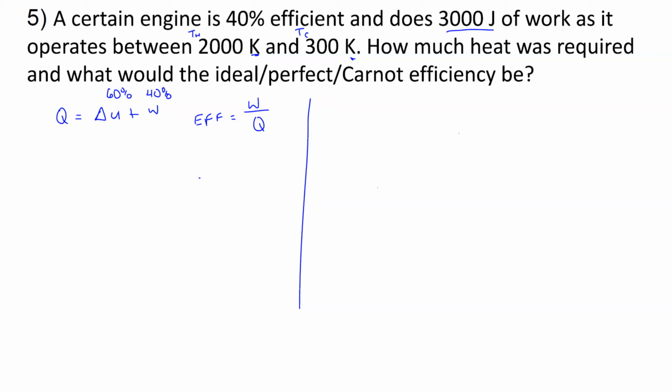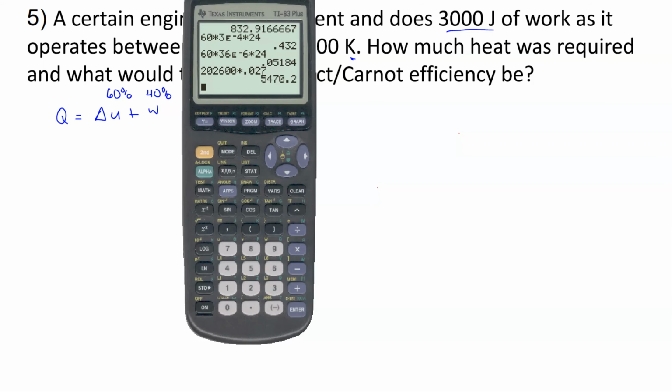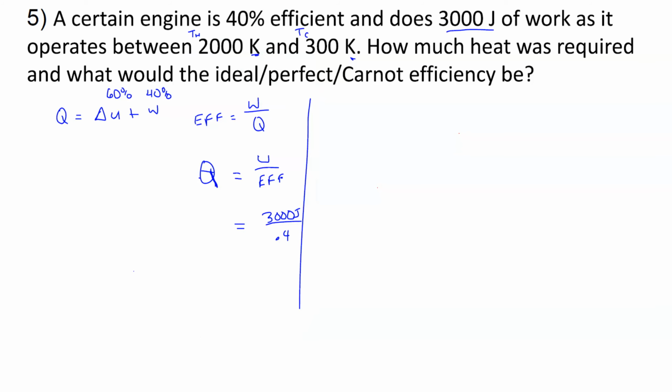We want to know the heat, so I'm going to do the swappy thing here and say Q equals work divided by efficiency, and that would be 3,000 joules divided by 0.4, changing the percent into a decimal. 3,000 divided by 0.4 is 7,500.